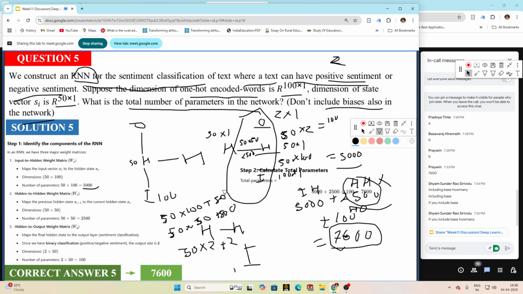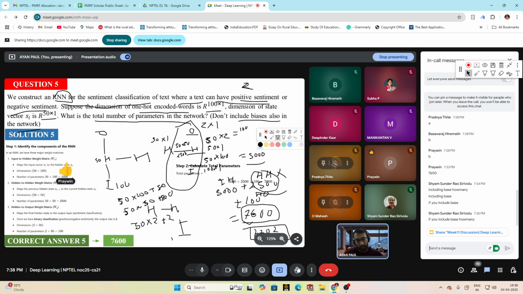So if we have bias, we have these 102 parameters extra, and 7702 will come if you have bias. So is it clear? Okay.